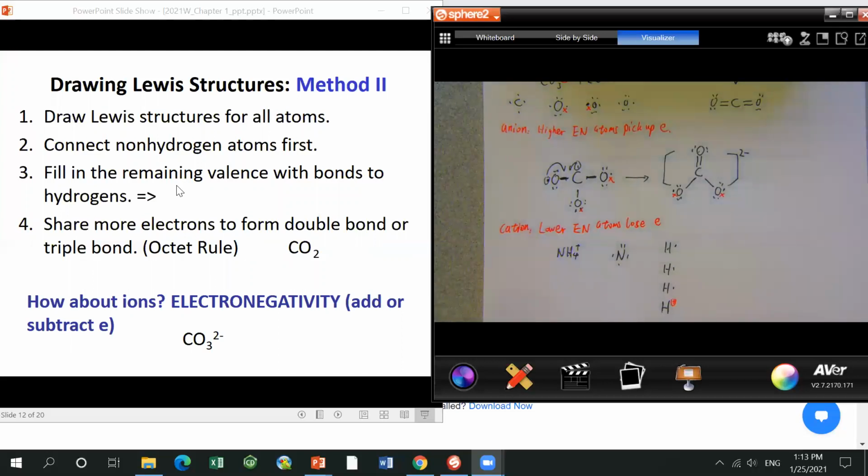Then we follow the same process: we connect all the hydrogen atoms. There's only one nitrogen and no other atoms, so we just fill valence electrons with the hydrogens.